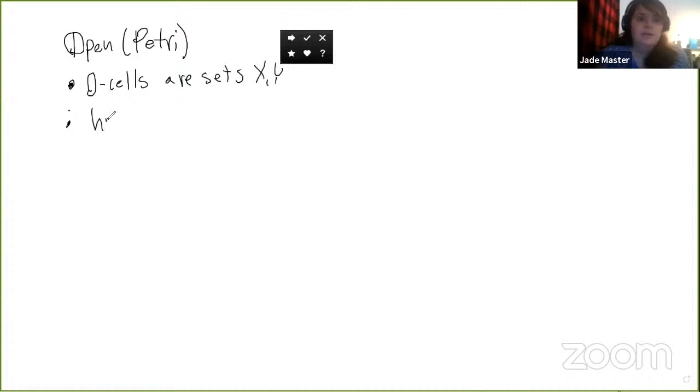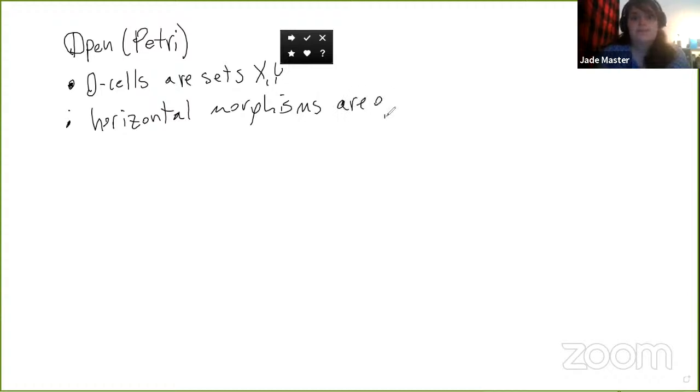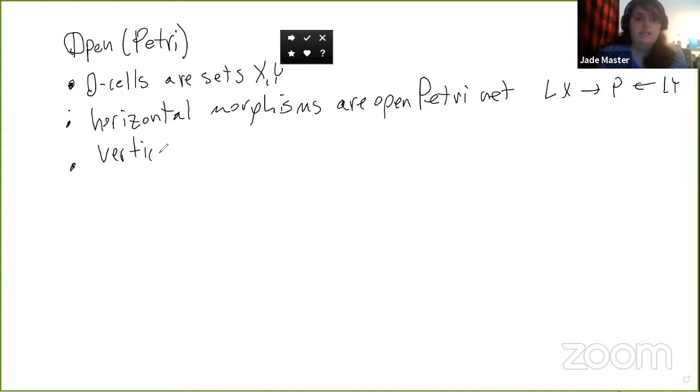The horizontal morphisms are open Petri nets. The vertical morphisms are functions.